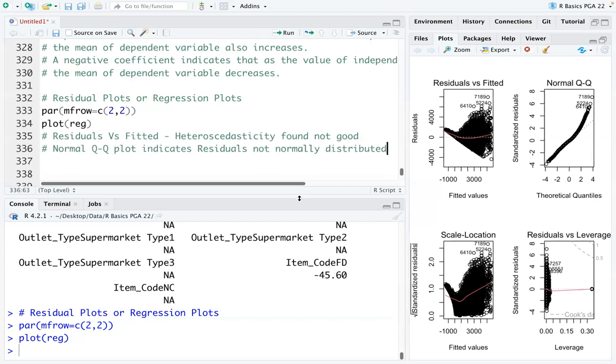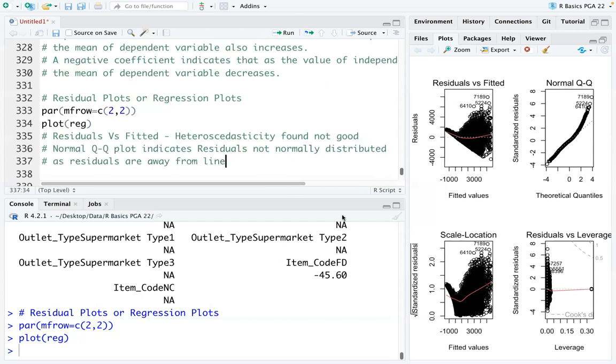They are away from the line. So these two plots will be very important for regression analysis, which are telling us our model is not a fit model.